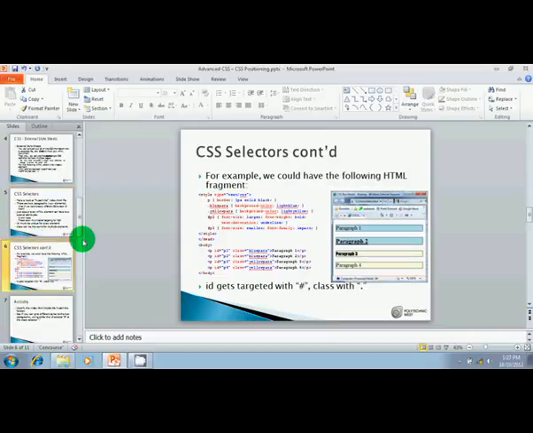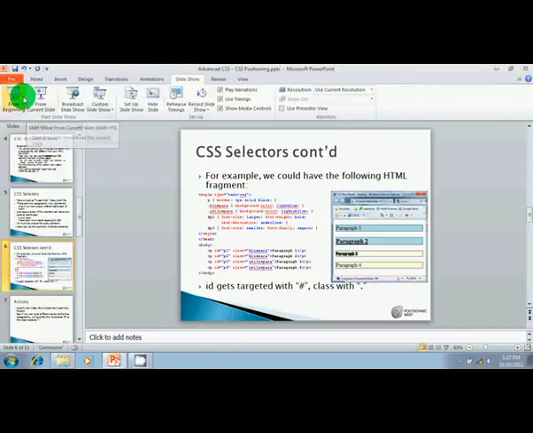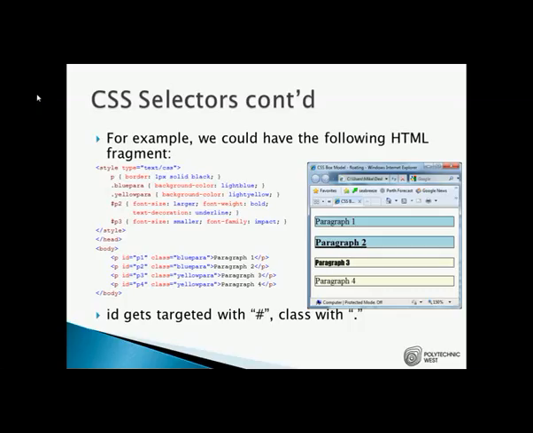Okay, now we need to start looking at various selectors, and what I might do is just bring this up so we can see it a little bit better. And here we've got some code, which has the style tags that are going to be in our header, and inside we have a declaration of P, so all P paragraphs are going to have a border with one point in solid black.